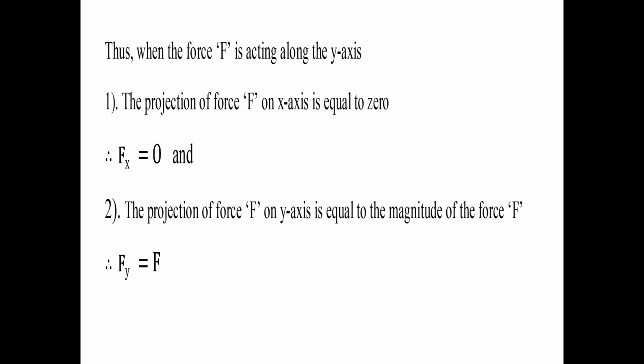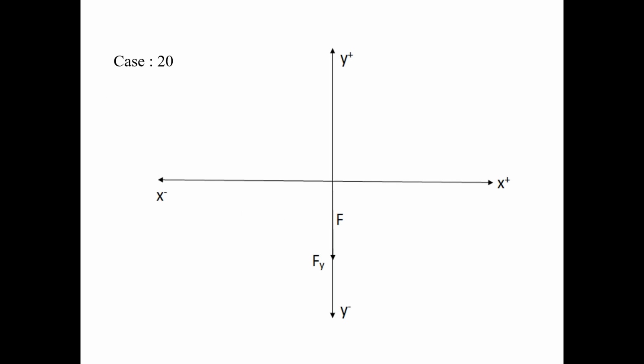Then the 20th condition. In that 20th condition, before that, please read this. If the force F is acting along the y-axis, in that case, the x-axis projection Fx is 0, y-axis projection Fy is equal to F. The 20th condition: here also the force F is acting along the y-axis but towards the negative y-axis.